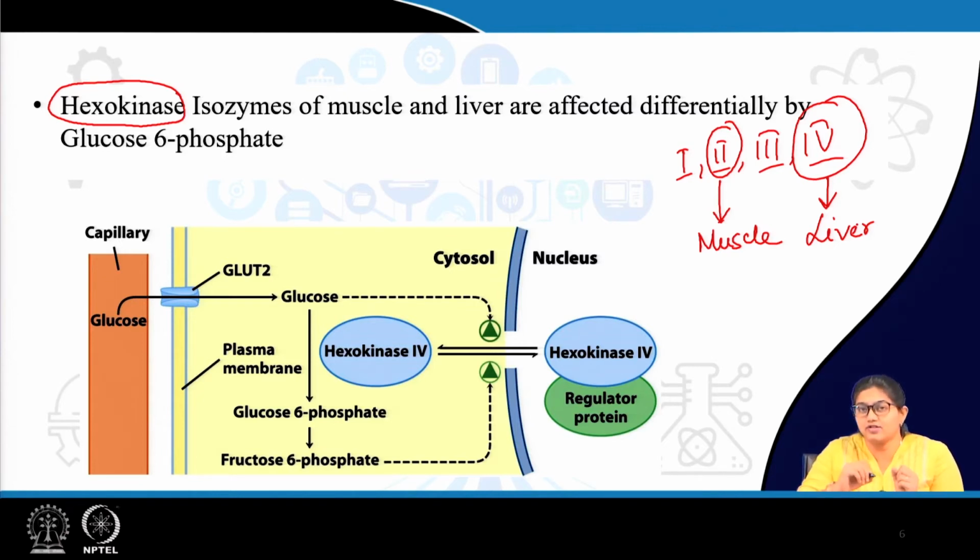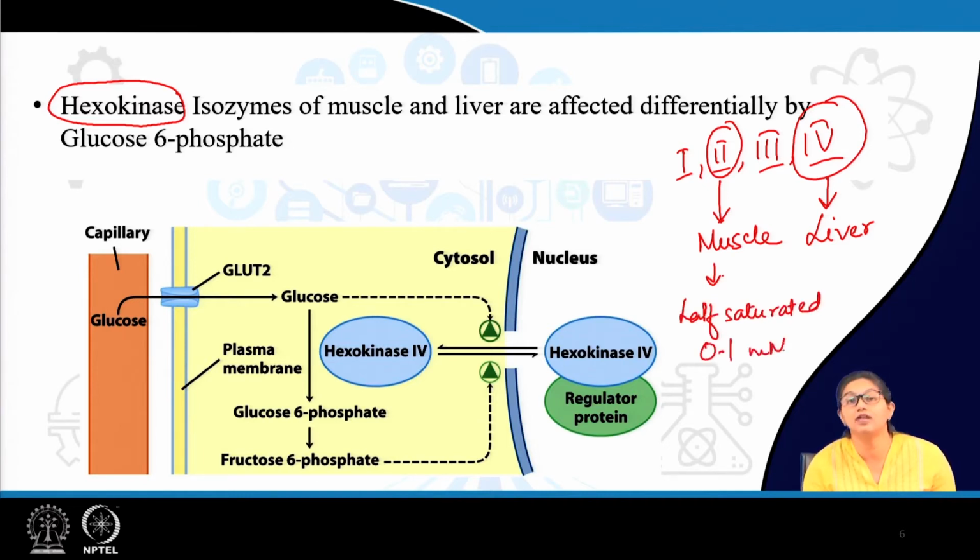The type 2 hexokinase has higher affinity towards glucose. So, hexokinase 2 is easily saturated with glucose. Basically, this hexokinase type 2 is half saturated at a glucose concentration of just 0.1 millimolar, whereas, if you know from your previous chemistry concepts, the level of blood glucose is mostly 4 to 5 millimolar in our circulation.